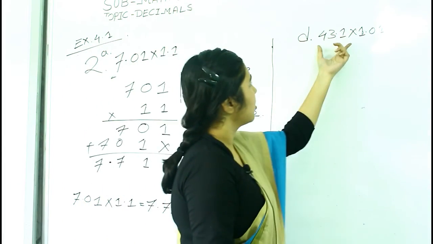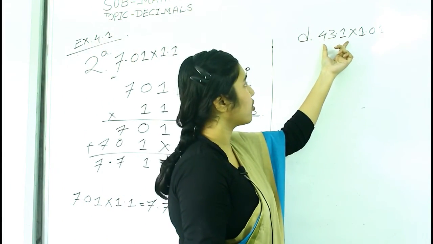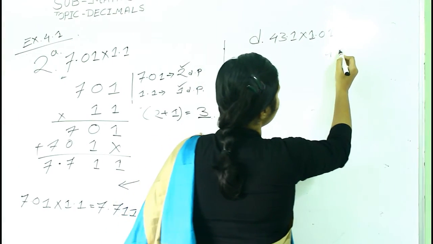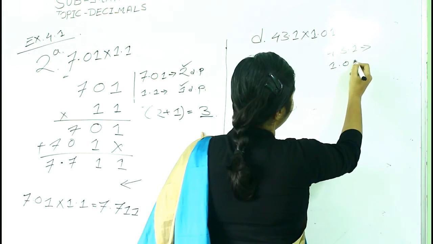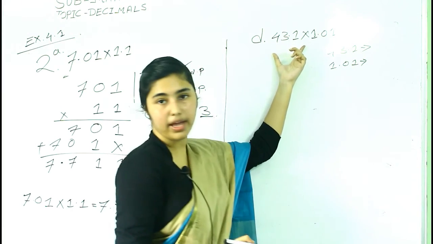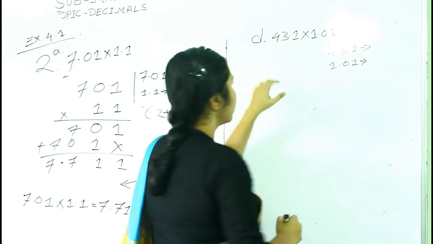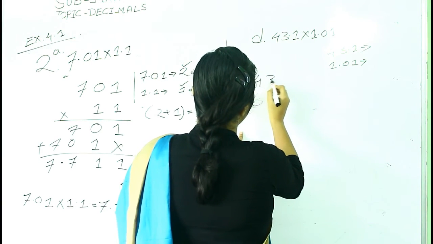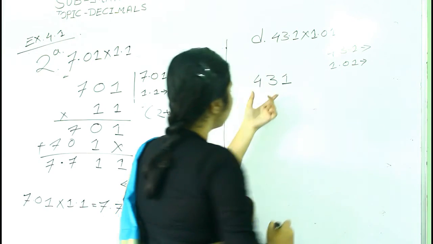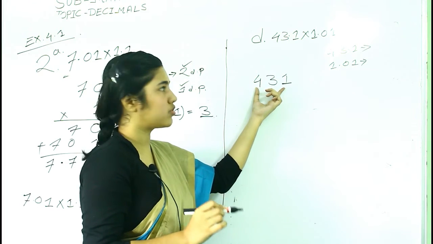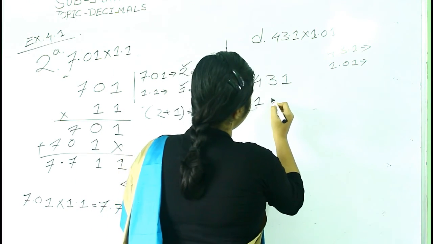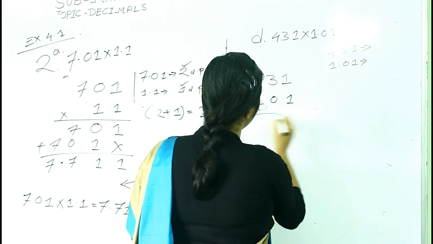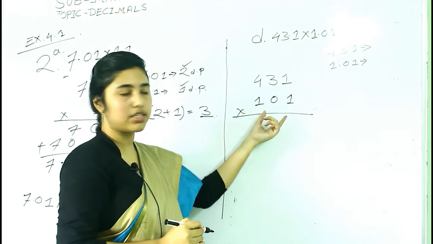Next question, here also 43.1 and 1.01. We have to multiply these two decimal numbers. Again consider 43.1 as the whole number 431 and 1.01 as the whole number 101.